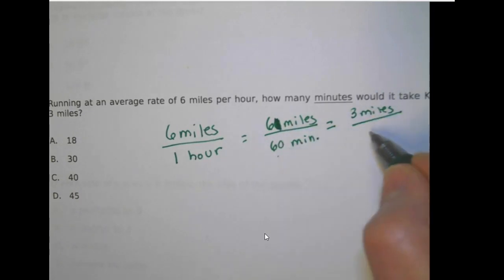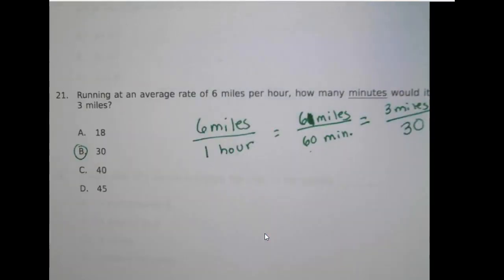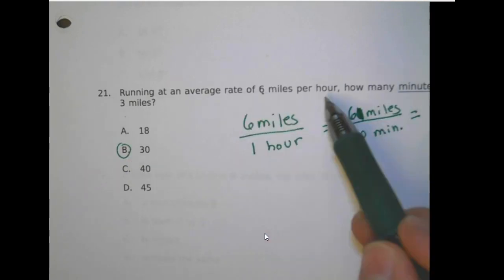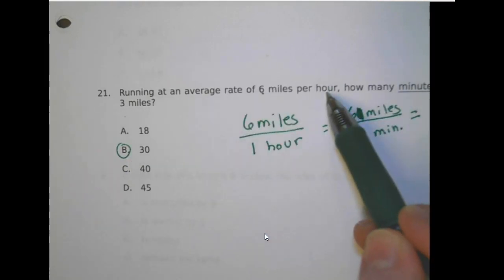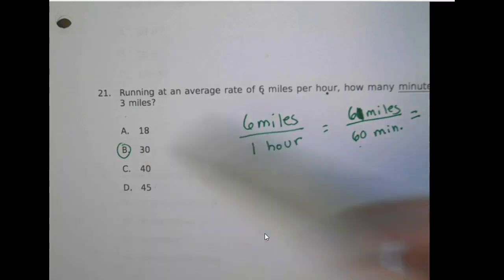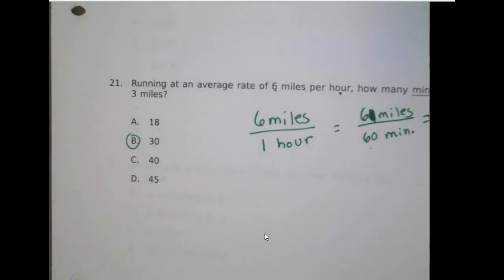And so, how many minutes is it going to take him? Three is half of 6, so it's going to take him half an hour. But that's not an answer choice. These numbers right here are in minutes. Half an hour is 30 minutes. So hopefully that last one was pretty easy.